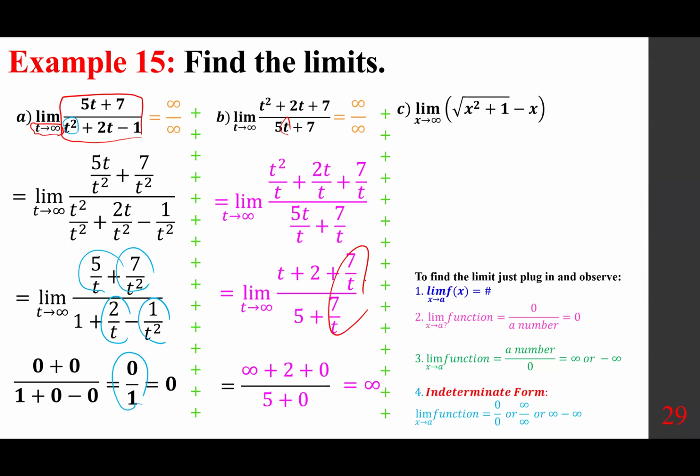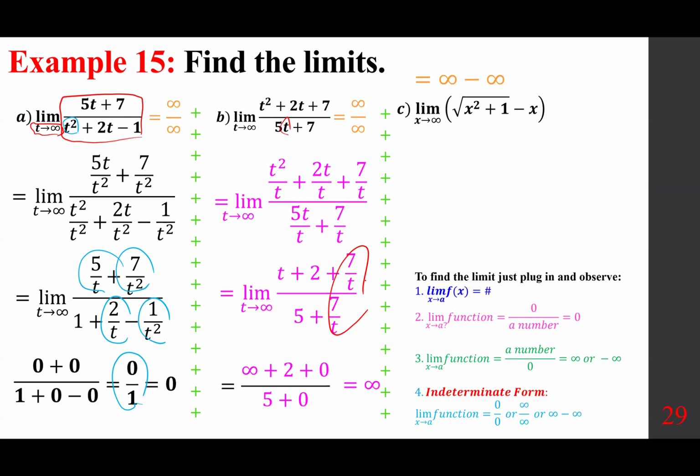And what about this? If you plug in, you get square root of infinity squared plus 1, which is infinity, and then infinity minus infinity, which is also indeterminate. So the question is, what is the technique?